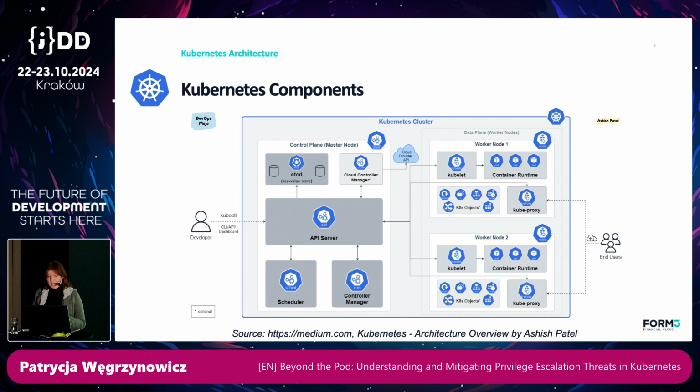And here we have one of the main components, kubelet. Kubelet is responsible for instantiation and execution of pods on a given node. And similarly to the API server, kubelet also exposes an API.